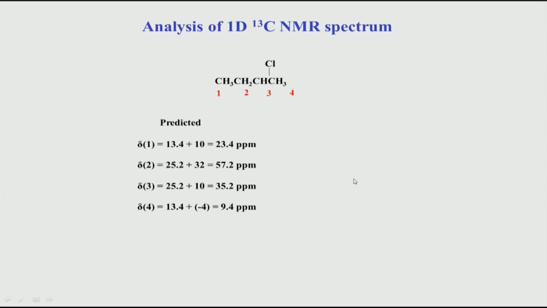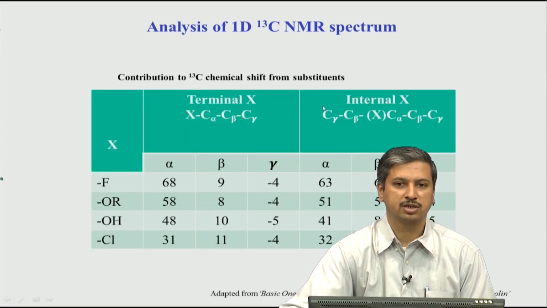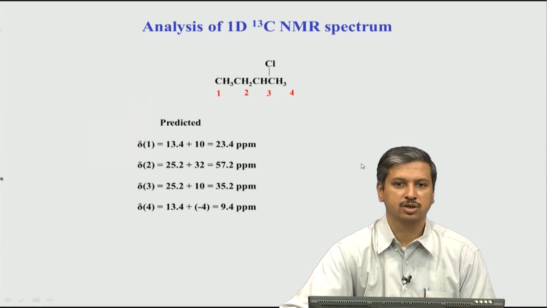So, we will look at an example. Let us say we have a molecule where a chlorine is attached at the second, CH position. Now we have to use the previous table. This is a branched kind of system because the chlorine is in the middle, not at the terminus. So, let us predict the values, all taken from the previous table.